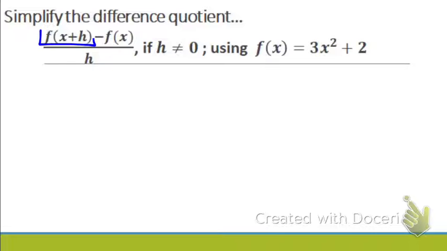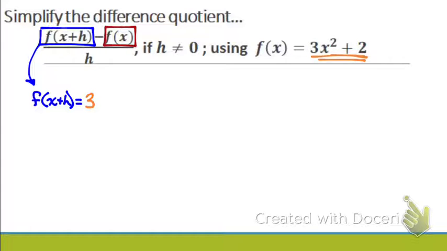So we are going to be subtracting these two things up in our numerator. So let's talk about what f of x plus h is going to look like. I'm coming over here. This is the function rule they've given me to work with. In that function rule, in the place of the x, I'm putting x plus h.